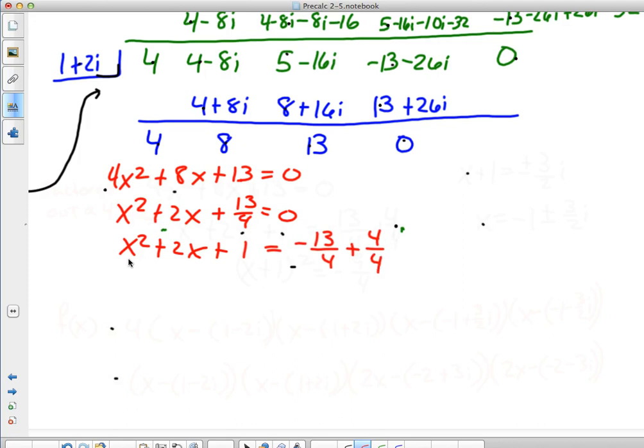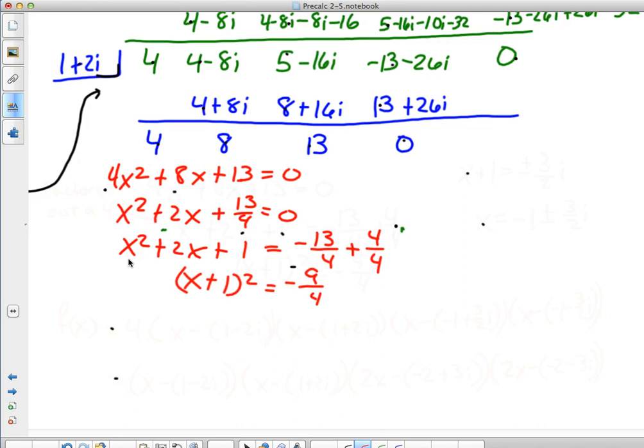Are you okay that I just added 1 in terms of 4 fourths, so that way I can combine like terms and come up with negative 9 fourths on my next step? Okay, now I've got a perfect square on my left. So I've got x plus 1, totally squared, equal to negative 9 fourths.